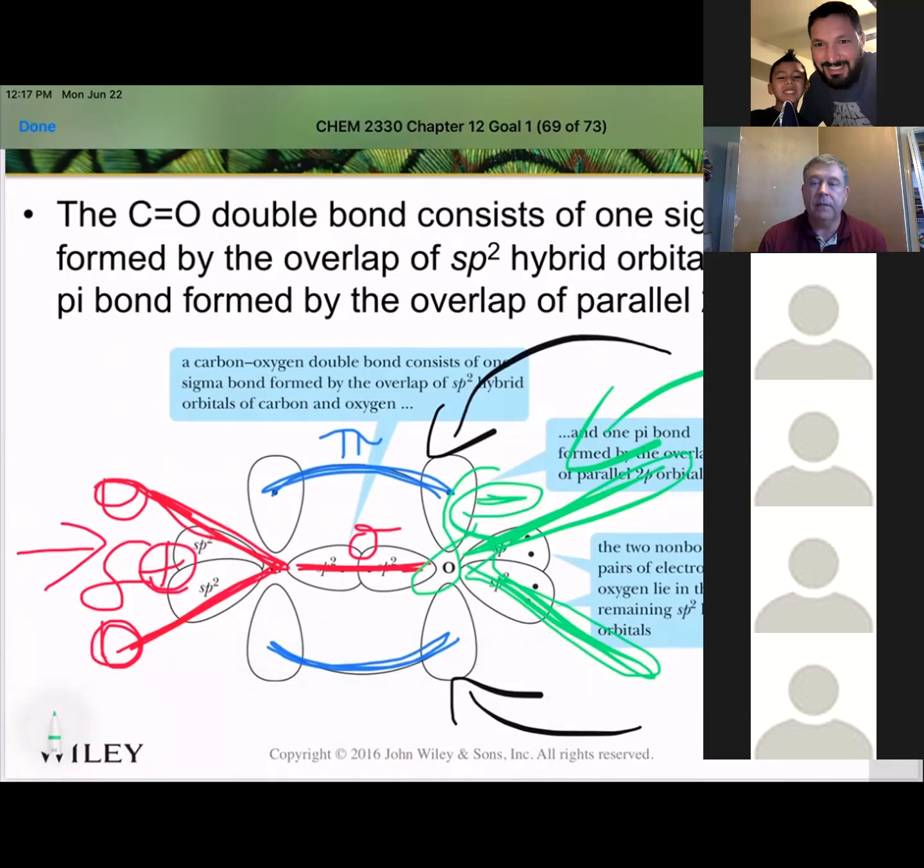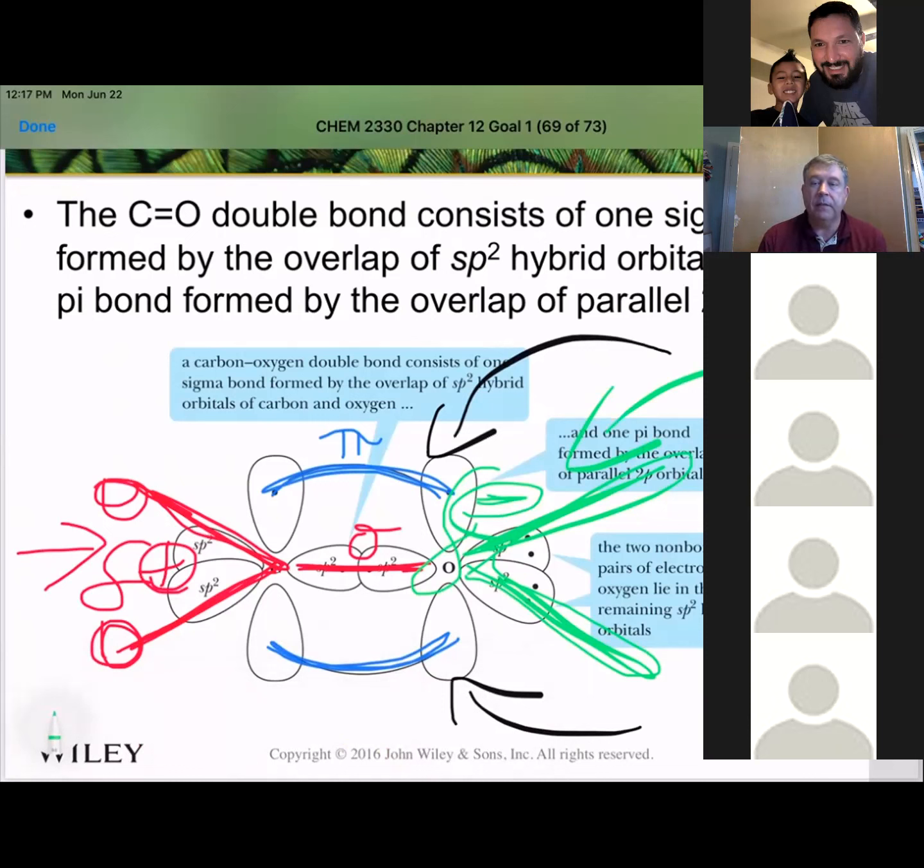Aldehydes and ketones rank higher than alkenes and alkynes, which means they change the end of the word, okay? So if we have just an alkane, or an alkene or an alkyne, we had an E at the end. We're gonna drop that E and add AL for an aldehyde.